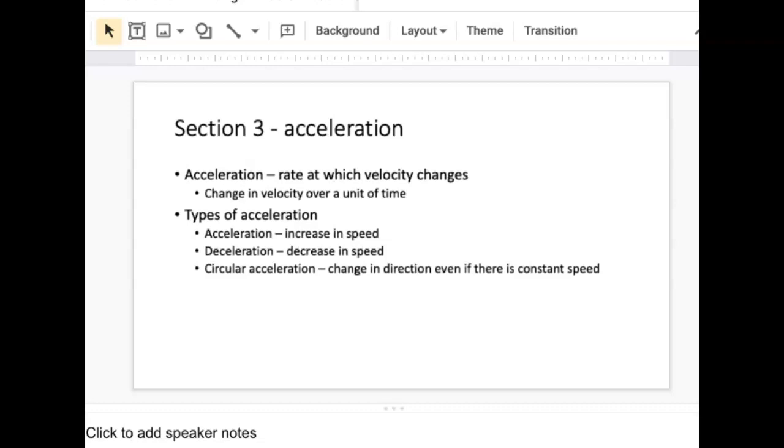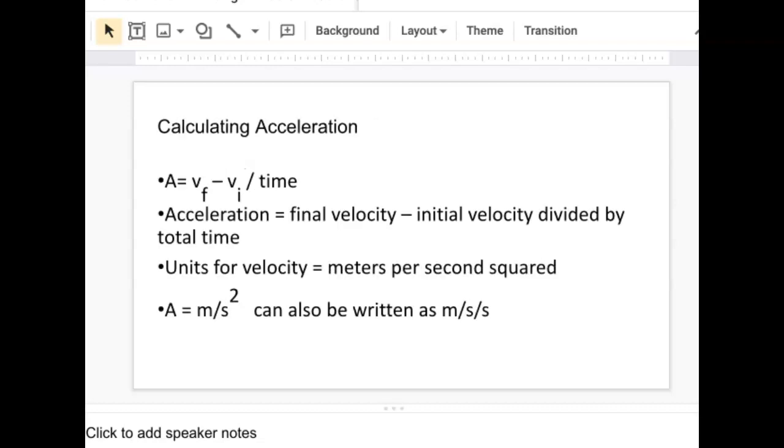There may also be a change in speed, or you could have constant speed, but you have a change in direction. Now, to calculate acceleration, the basic formula is A, which stands for acceleration, equals the final velocity minus the initial velocity, so Vf minus Vi, divided by the total time. So when you have your answer, typically it's going to be meters per second squared, which can also be written as meters per second per second.